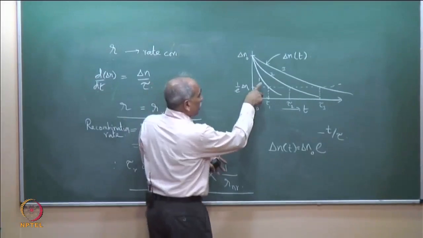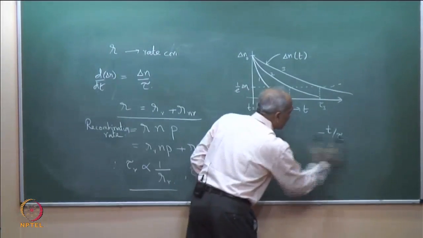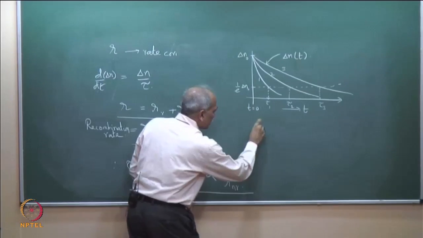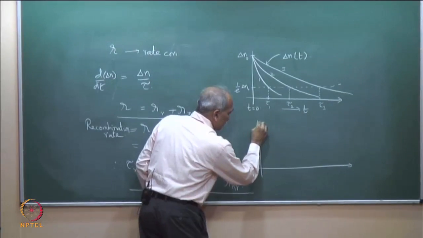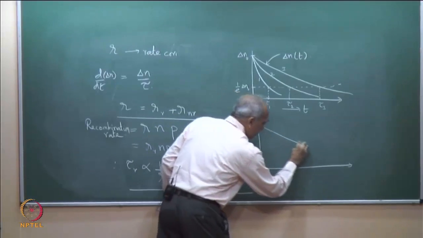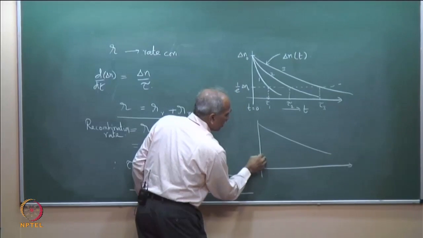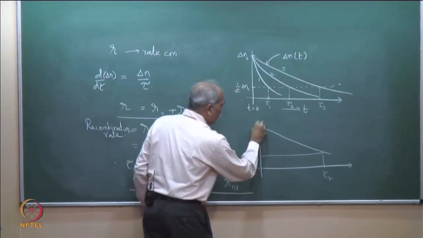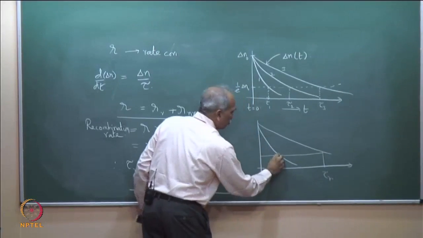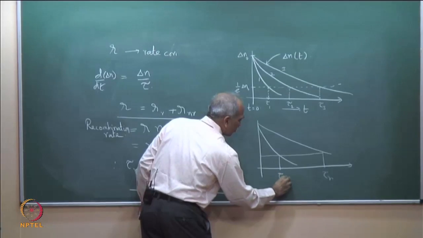For example, if a particular material has variation like this, that the delta n, the radiative time is very large. So, this is tau r, and the non-radiative time is very small. So, this is tau nr.